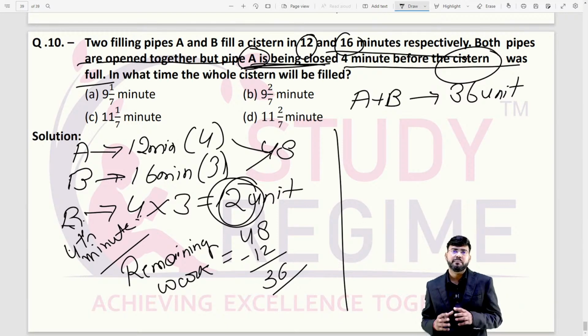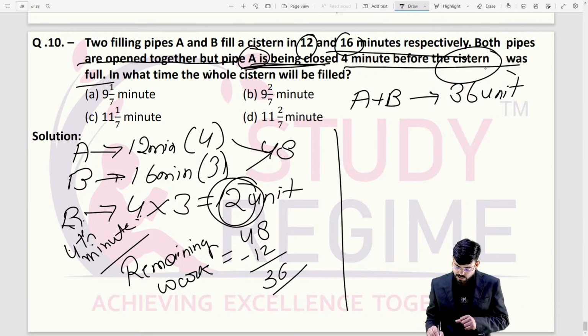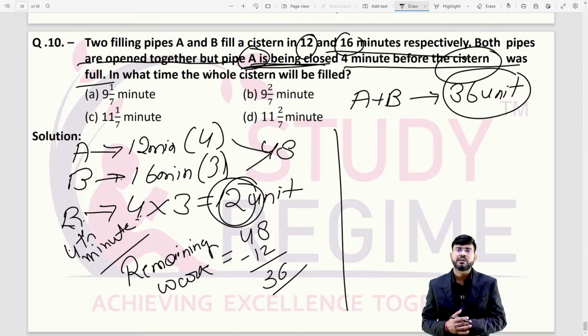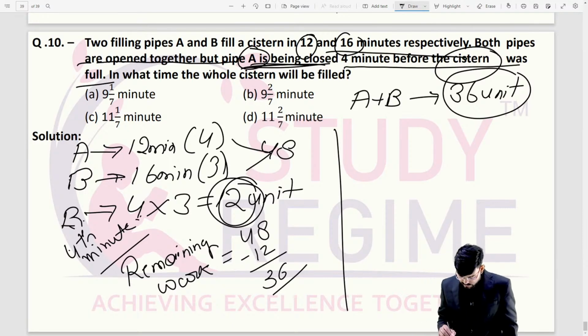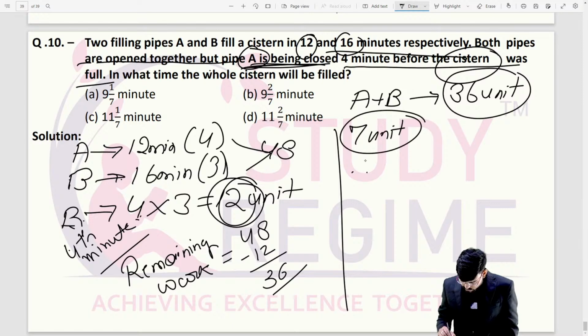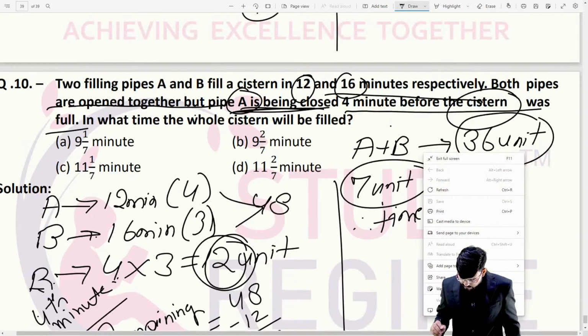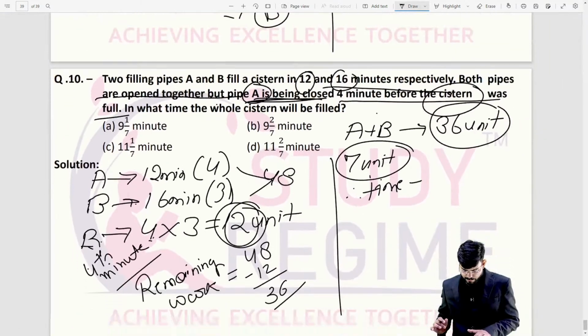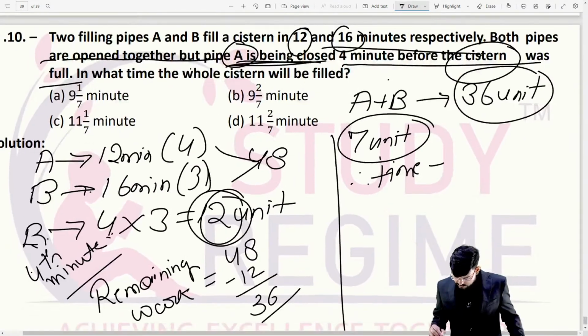That means A and B were opened, and this amount of work has to be filled by A and B both. Okay. Since A and B are working together, they will do 7 units of work. Therefore, the time to complete 36 units will be 36 divided by 7.